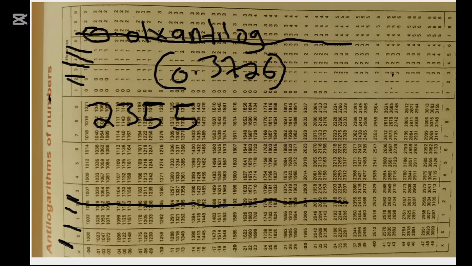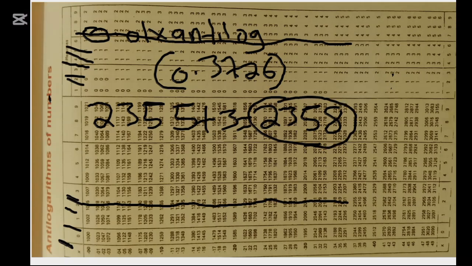This is the number, which is 3. So my common difference is 3. So what should I do? Since the common difference is 3, I have to say plus 3. If I say plus 3 at the end, I'll get 2,358.